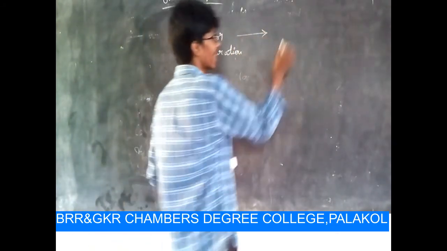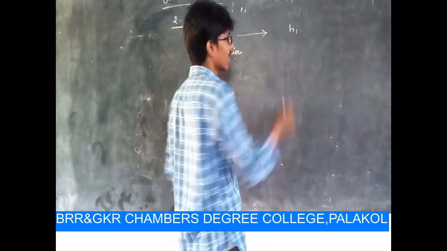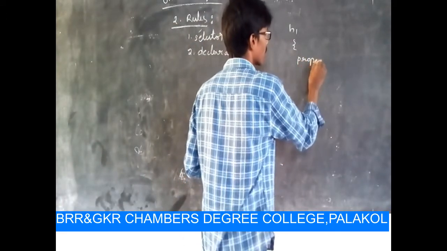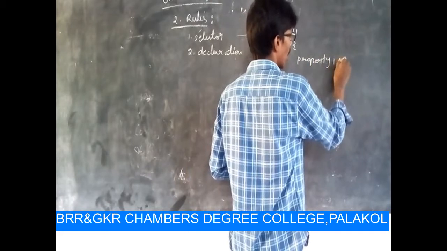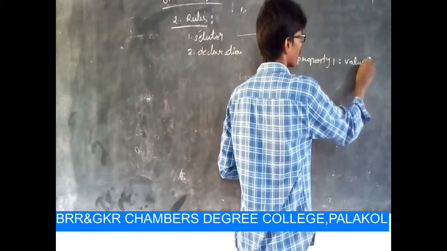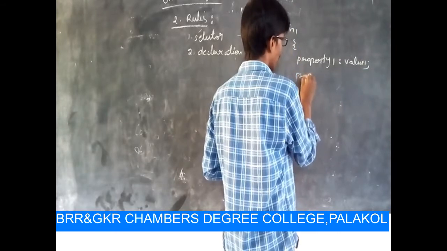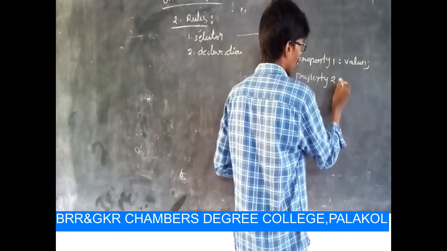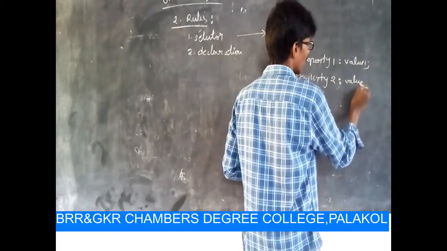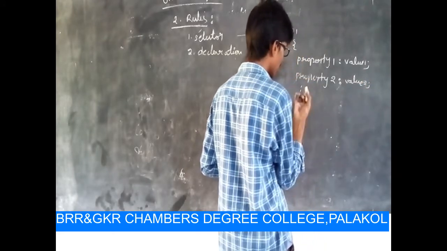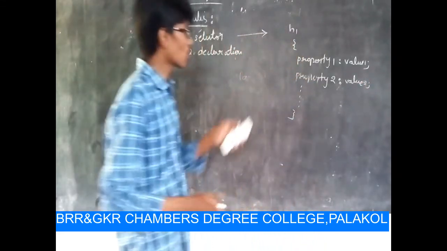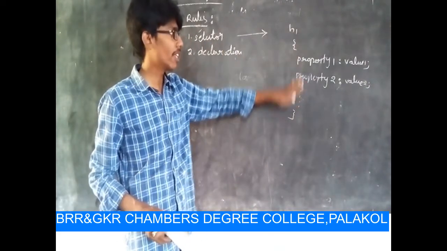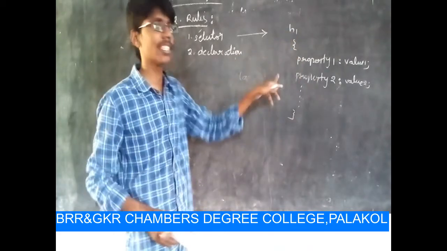For example, take it as H1. This is known as selector. There you represent different property values, that is property 1 and its value, and another property with its value. In this total part, we represent the selector. The part that applies these styles to the selected tag is known as the declaration part.